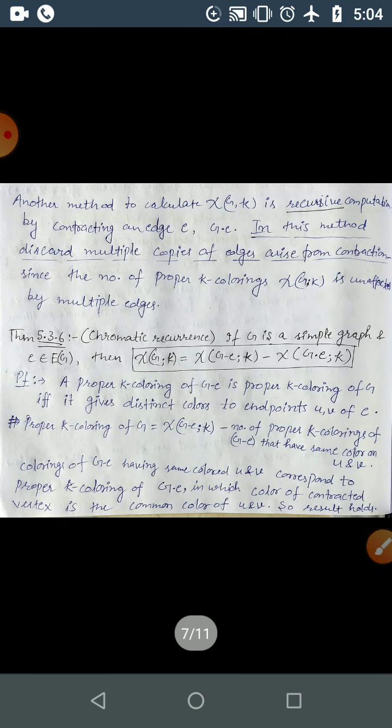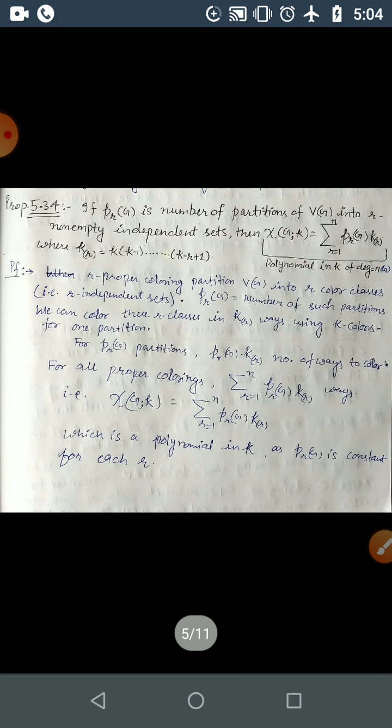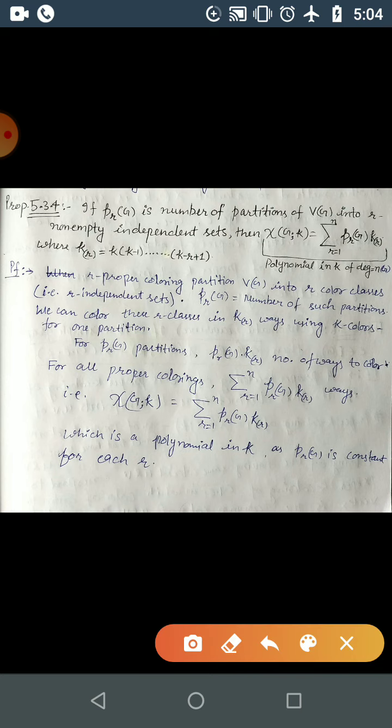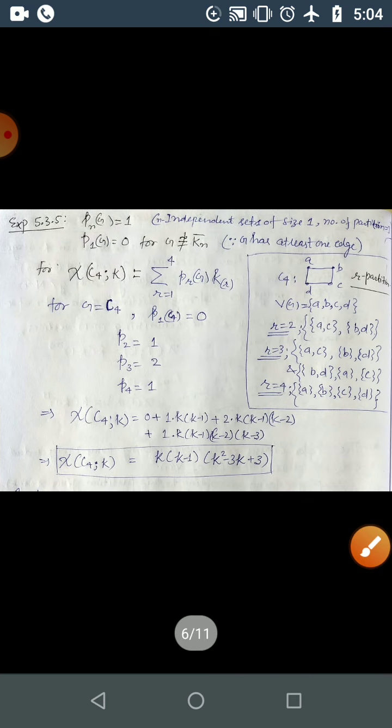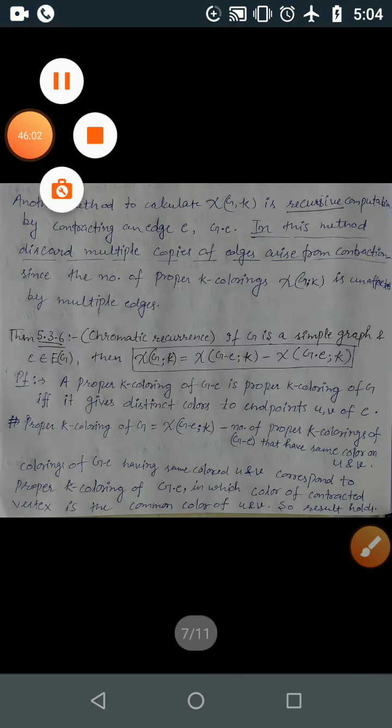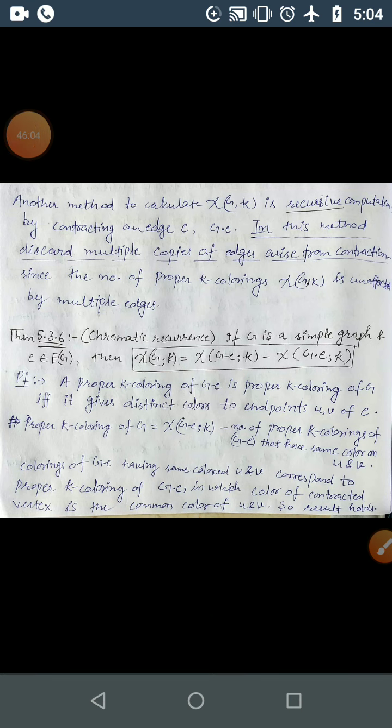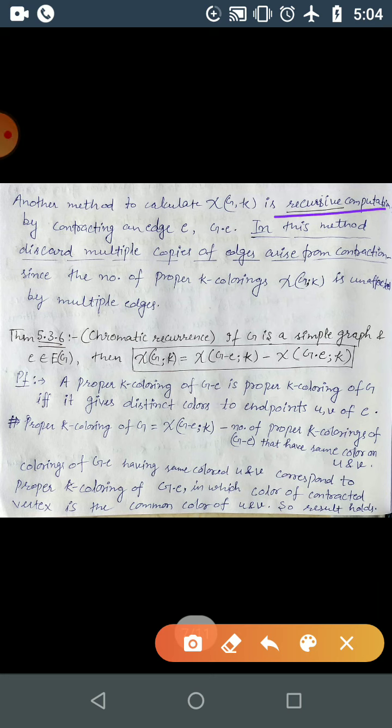So this is one way. This is proposition number 5.3.4, calculating the chromatic polynomial. And there is another way also, by contracting an edge. Another method to calculate this chromatic polynomial is the recursive computation by contracting an edge, G dot e. You can contract this edge, and in this method discard the multiple copies of edges that arise from the contraction.